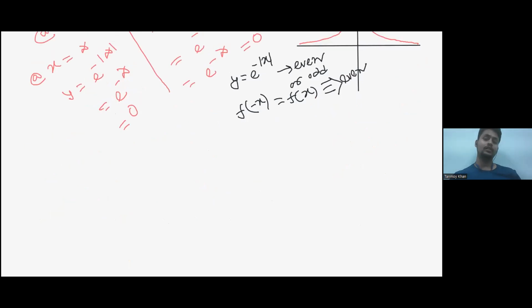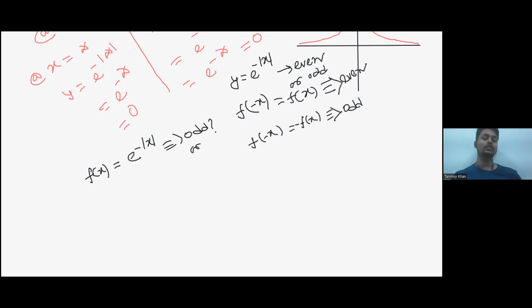And if f of minus x is equals minus of f of x, then this is odd. Now the question: it will be e to the power minus x squared. Is this odd? Right? So check this.